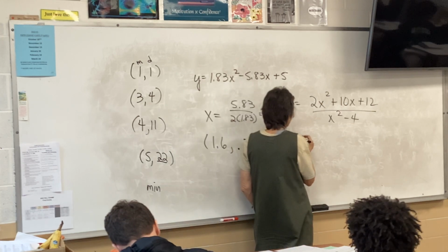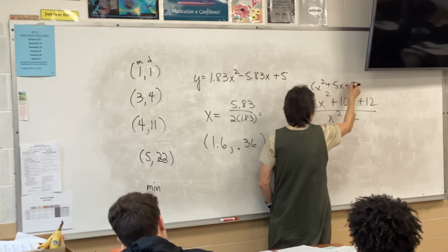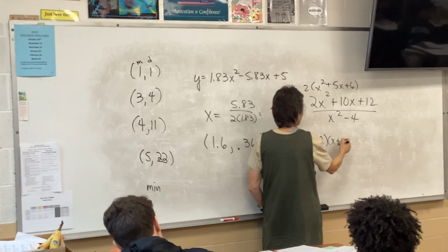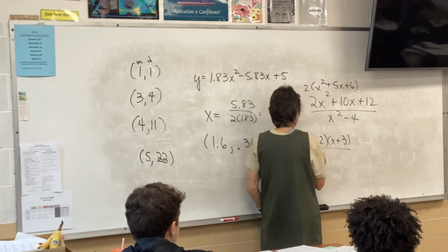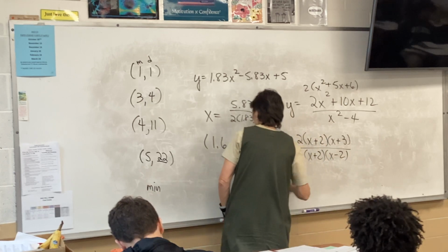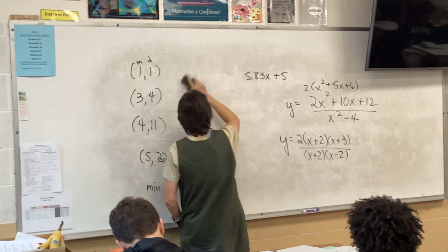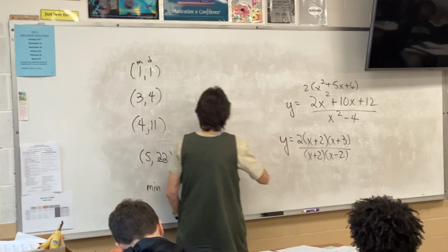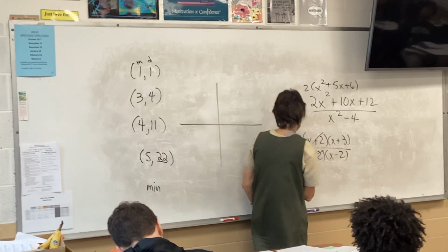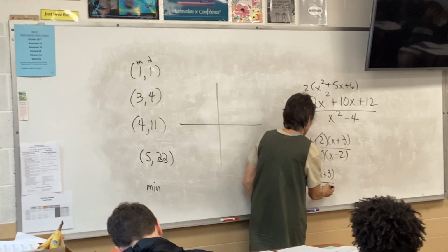We always factor everything. So I'm going to have 2x plus 2x plus 3, and then over x, oops. I thought for a minute I might be having 2 vertical asymptotes, but now I can see I'm not, because we're going to have a cancellation. So y equals 2x plus 3 over x minus 2.